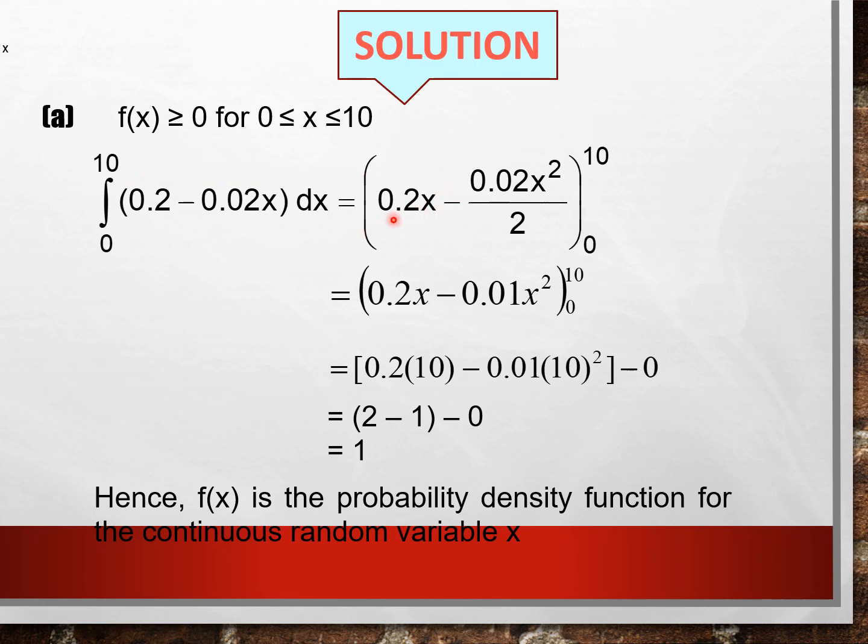As you can see here, the integration gives you 0.2x minus 0.02x squared over 2. Then you substitute 10 as shown here, and you substitute 0. And the answer is 1. Therefore, we can conclude that our f(x) is the probability density function for a continuous random variable x.